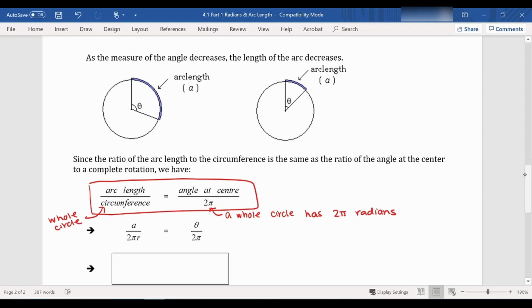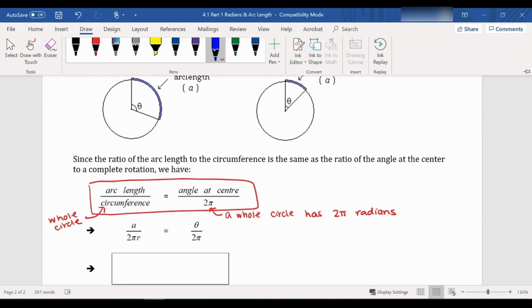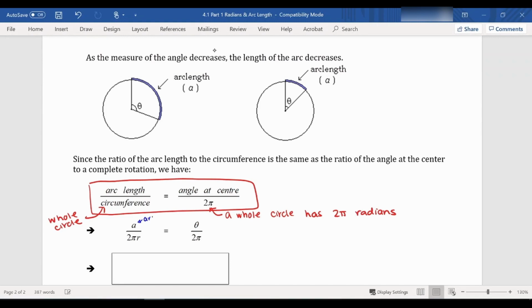So the arc length of our portion over the circumference of the whole circle would be our ratio. And that should be equal to the ratio of the angle at the center of our portion to the angle at the center of a whole circle, which in radians is 2 pi. I'm going to call arc length A. So this is our arc length. We know the circumference of a circle is 2 pi r. The angle at the center we're going to call theta.